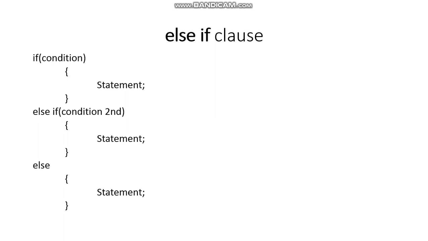If that holds and evaluates to true, then statement 2 will be evaluated and compiled, and we will get the result from condition 2. And if condition 1 is not true and the second condition also evaluates to false, then the else portion will cover everything. Okay, now let us understand with an example.